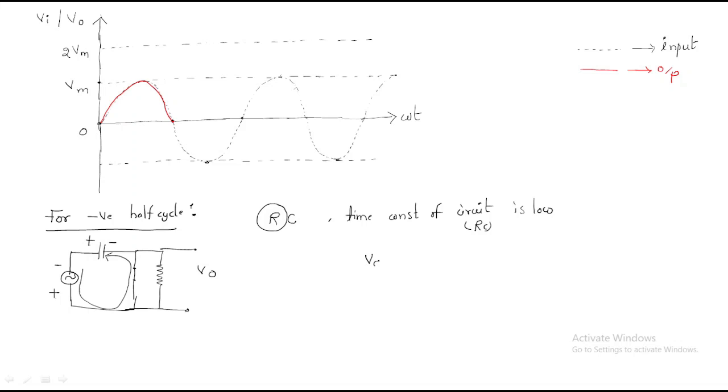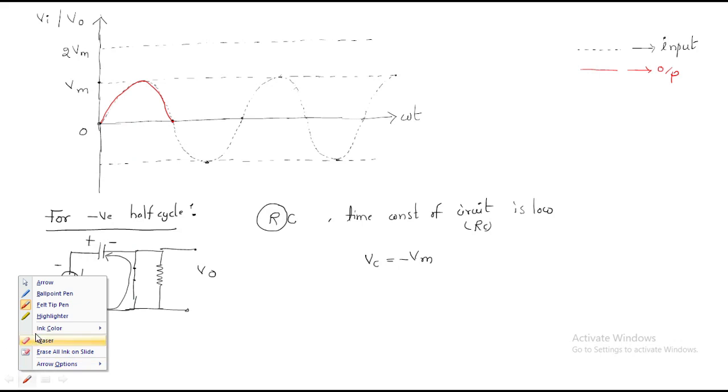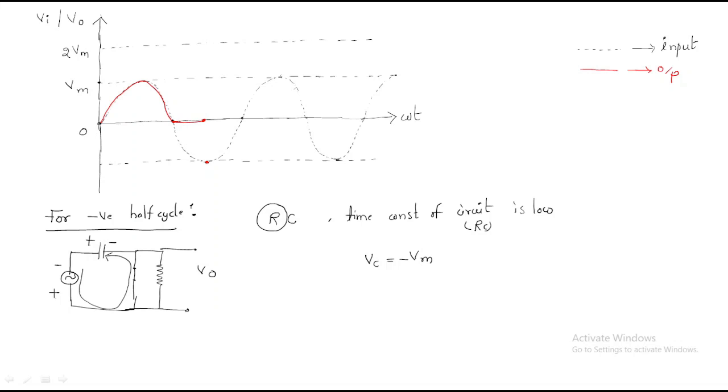The capacitor voltage will reach the peak point, minus Vm. So up to this point the output is 0 because it is short circuited. Look at here. So up to this point the capacitor becomes this minus Vm, and the output will become 0.